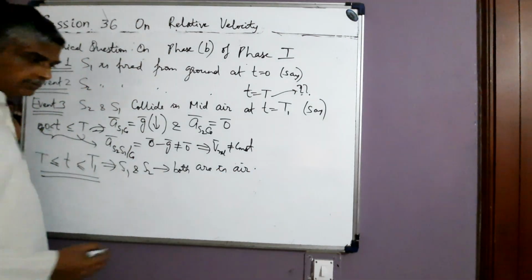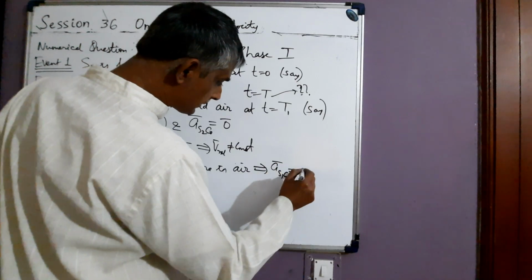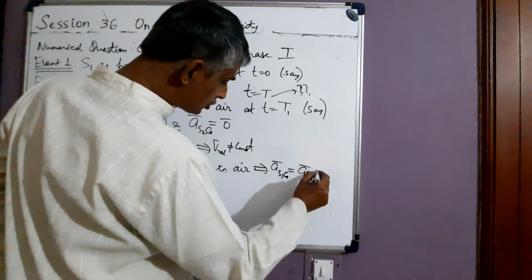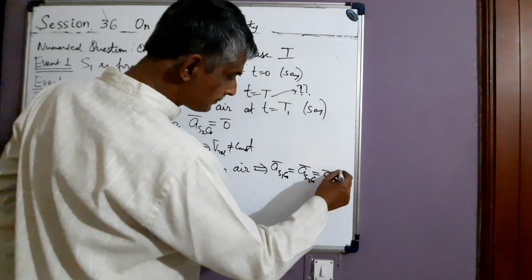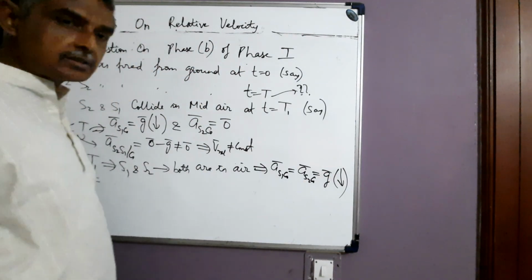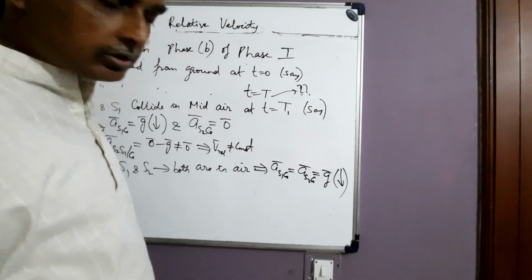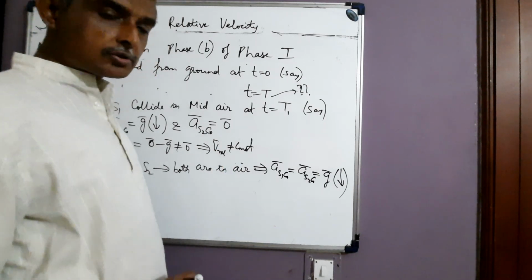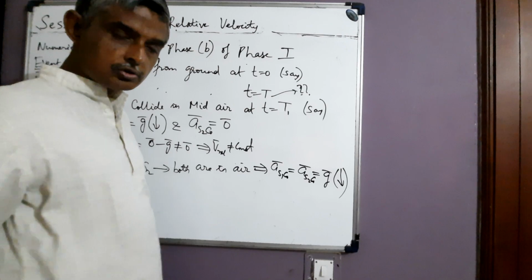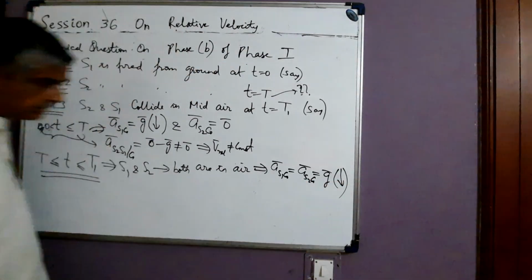That means the acceleration of S1 with respect to ground and the acceleration of S2 with respect to ground are both g in downward direction, constant. We are assuming the ideal case: no effect of air resistance, no effect of buoyancy of air, no effect of Earth's rotation, etc. Only gravitational force is acting. The acceleration of both shells is g in downward direction, g taken to be uniform.